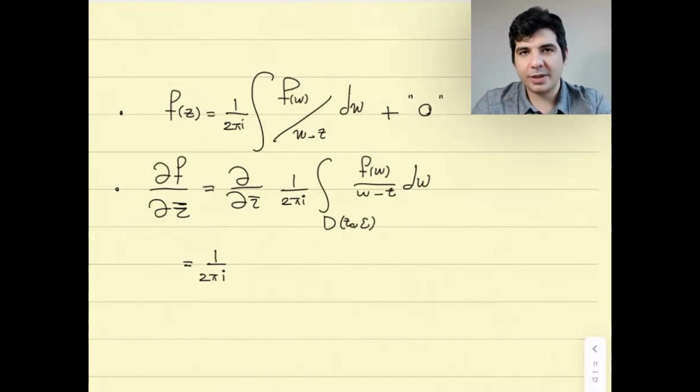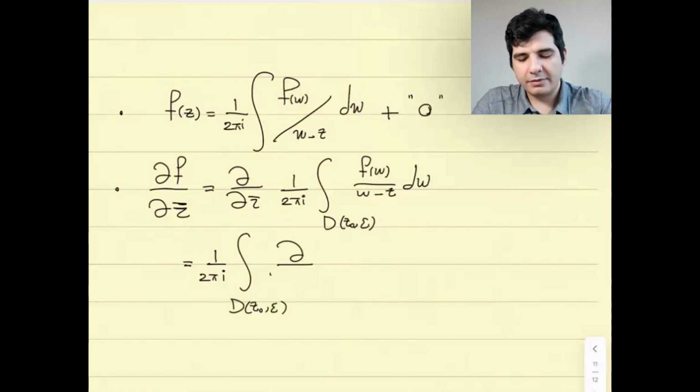The integral is with respect to w. When you're taking derivative and integral with respect to different variables, they do commute. There is nothing complicated there, right? So this is equal to the derivative with respect to z bar of f of w over w minus z dw.